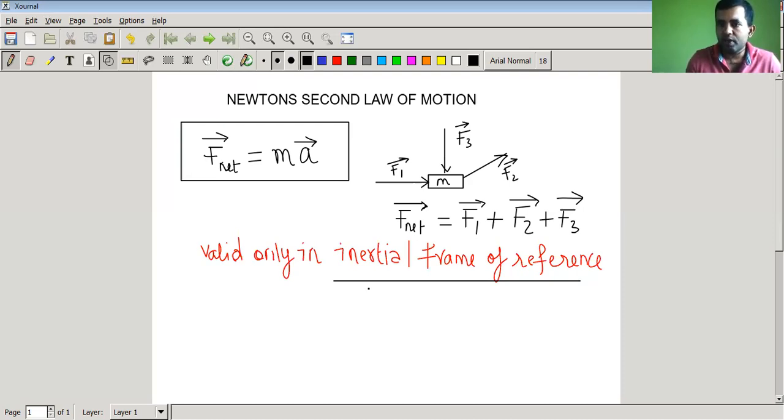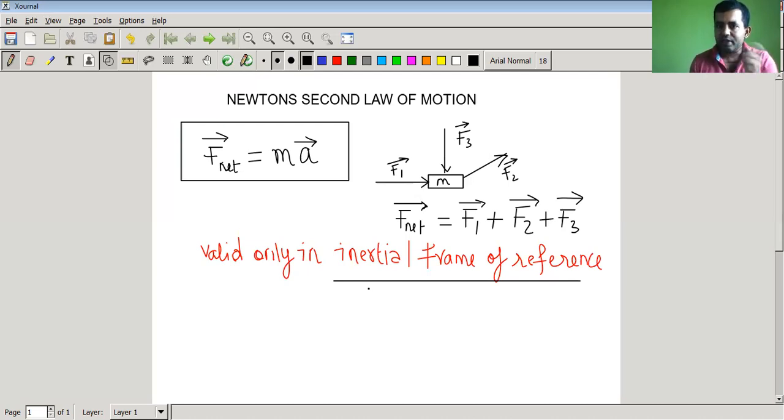So the room is your frame of reference, right? And if you are in a car and you are doing, let us say, some experiment inside the car, the car will be your frame of reference. So frame of reference is the place from where observations or calculations are made.